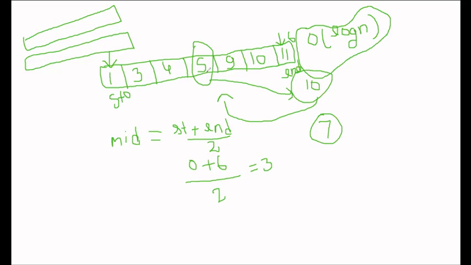That means if 10 exists in our array, it will be after 5, not before 5, because our array is sorted. Before 5 every value will be lesser than 5, and after 5 every value will be greater than 5. So 10 is greater than 5, so it will search in this part only, means we do not have to search in this part. Is that clear to everyone?